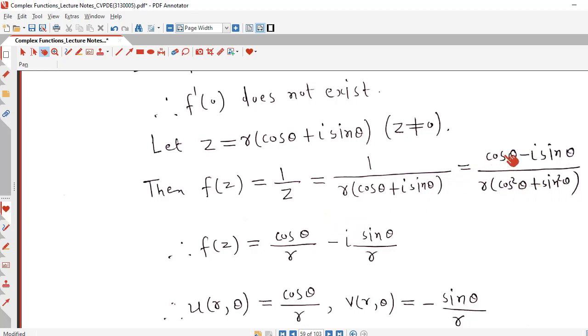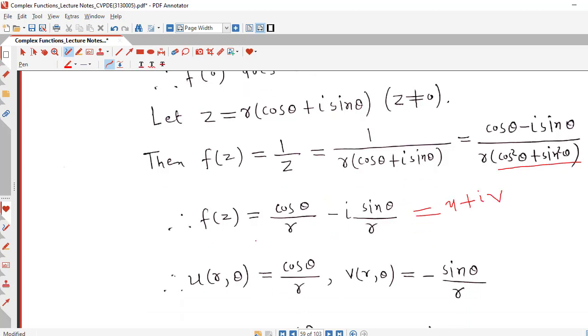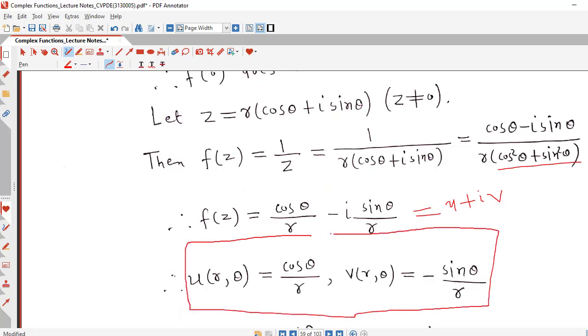After simplification it is cos θ/r − i sin θ/r, because cos²θ + sin²θ is 1. If we compare this with u + iv, then we obtain u equal to cos θ/r and v equal to −sin θ/r.